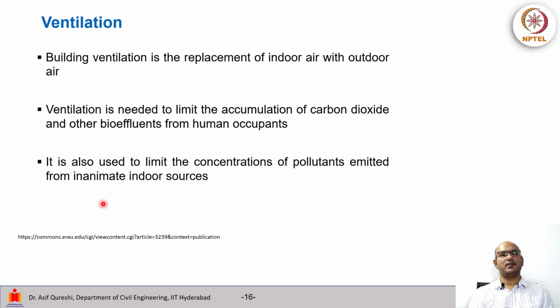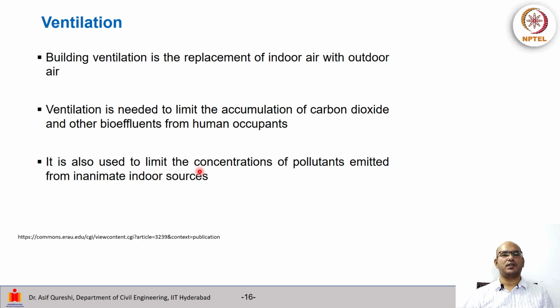Once we see that, we can also list out some other parameters such as building ventilation, which is the replacement of indoor air with outdoor air. Of course, ventilation is needed to limit accumulation of chemical contaminants and bioeffluents from human occupants, so the bacteria or microbial load emitted by humans.